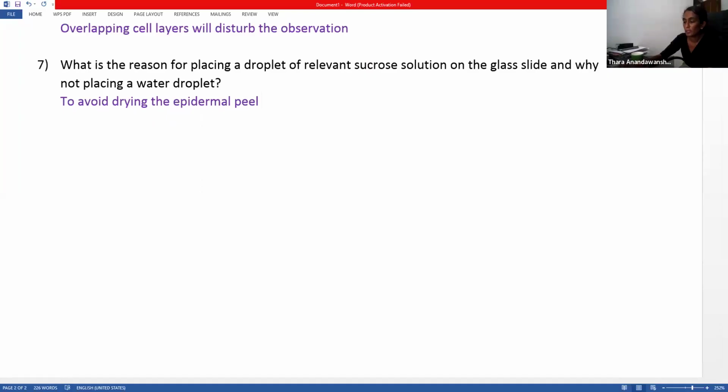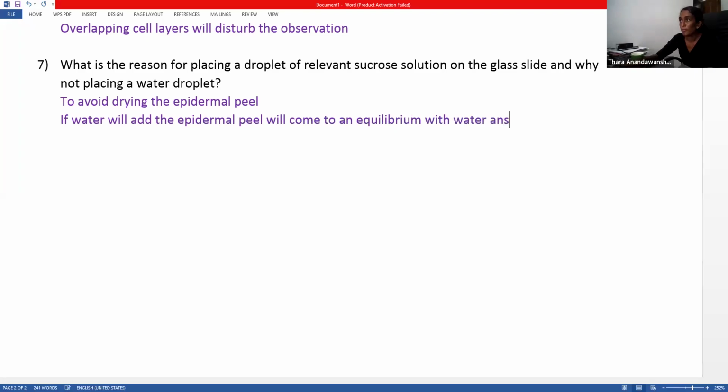And if water is added, what will happen? As the epidermal peel will come to an equilibrium with water, it will affect the results. Do you agree? That's good.